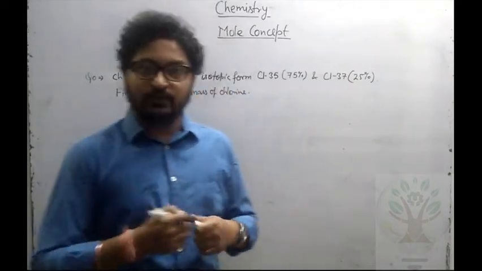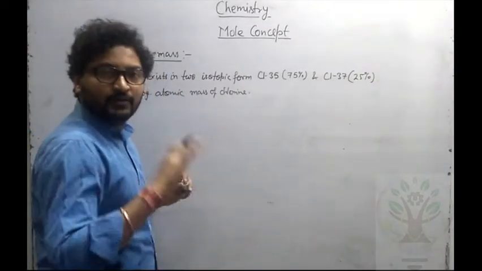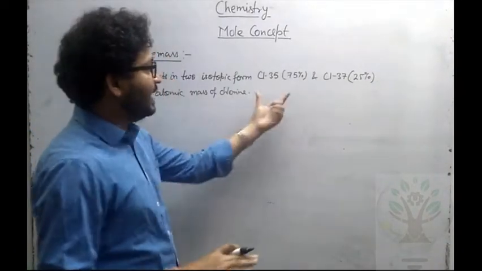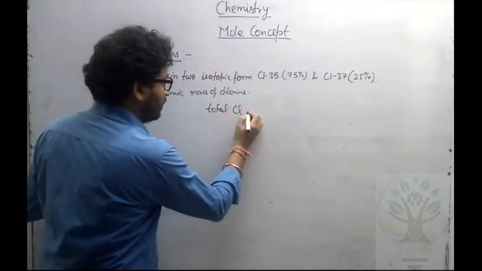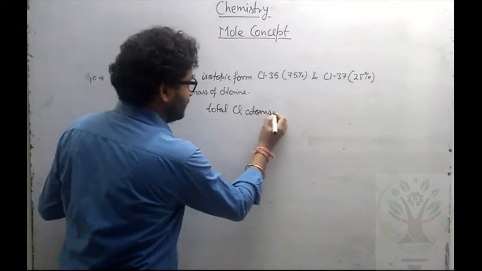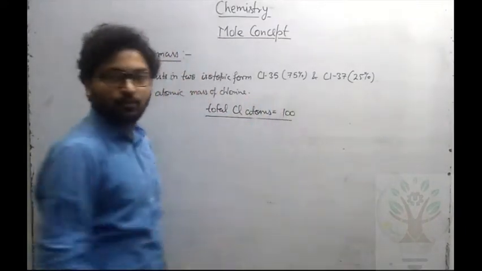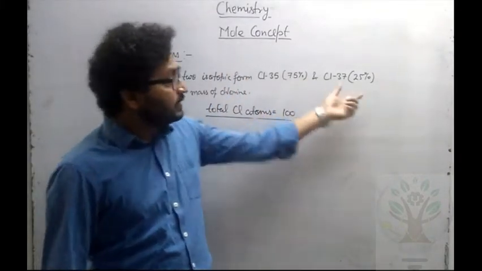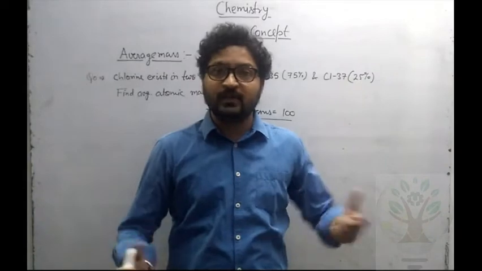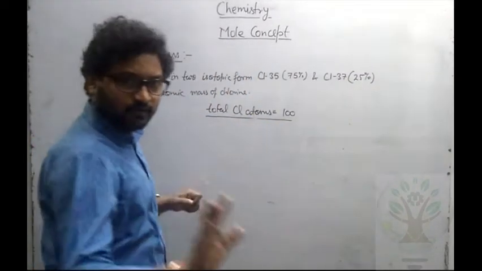In such a case, we should assume some number of chlorine atoms. For the sake of simplicity, I am assuming the total chlorine atoms equal 100. Why am I assuming 100? Because the sum of all percentages is 100. If you want to assume 200, it's your wish.